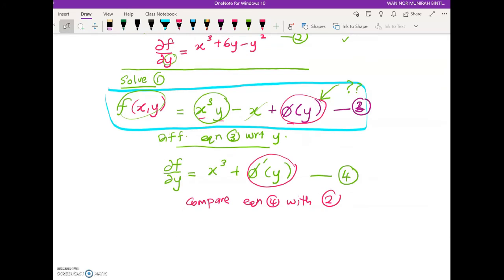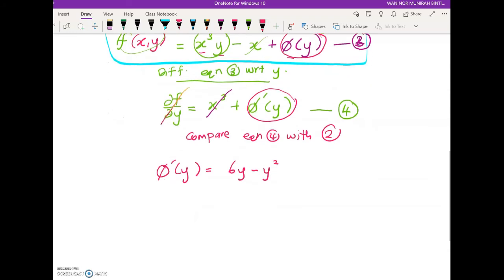When we compare, the left hand side has the same term, so that cancels out. What happened to your right? x cubed also we can cancel out. So what's left? We have phi prime(y) equals 6y minus y squared. I can say that this one is equation 5.